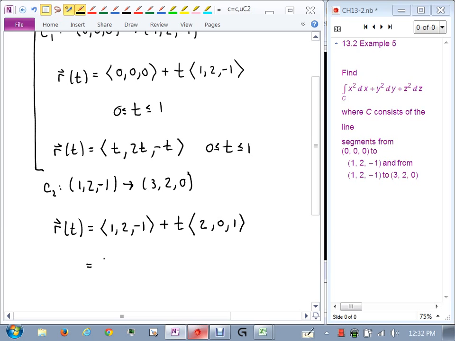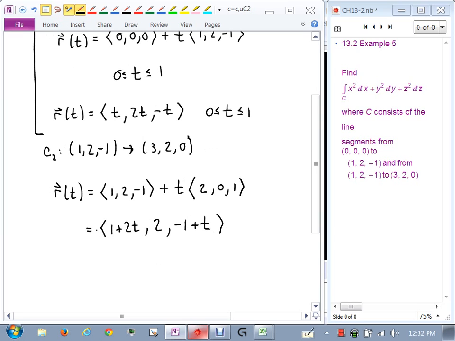Putting everything together, we should get (1 + 2t, 2, -1 + t). Again, t is between 0 and 1. Everyone good with that? Any issues?